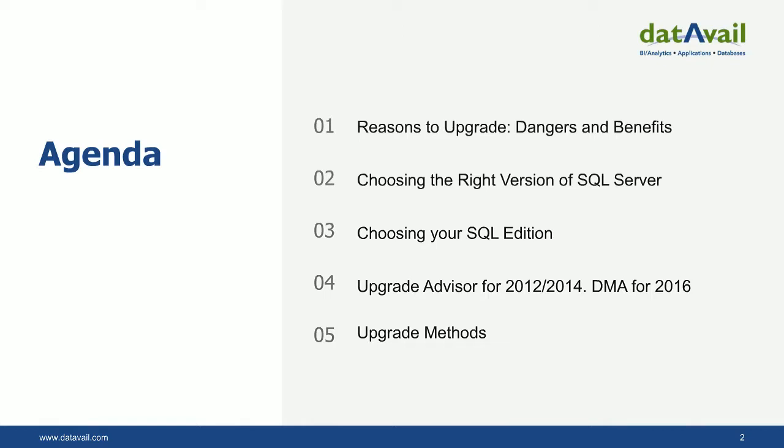And then last but not least, we're going to talk about some of the upgrade methods that you need to use to go from the older versions to the newer versions. Maybe it's just an in-place upgrade. Maybe it's a single server upgrade. Maybe you were able to do a hardware upgrade and do a 2-server upgrade. But we're going to talk about some of those different methods to upgrade from the older version to the newest versions.